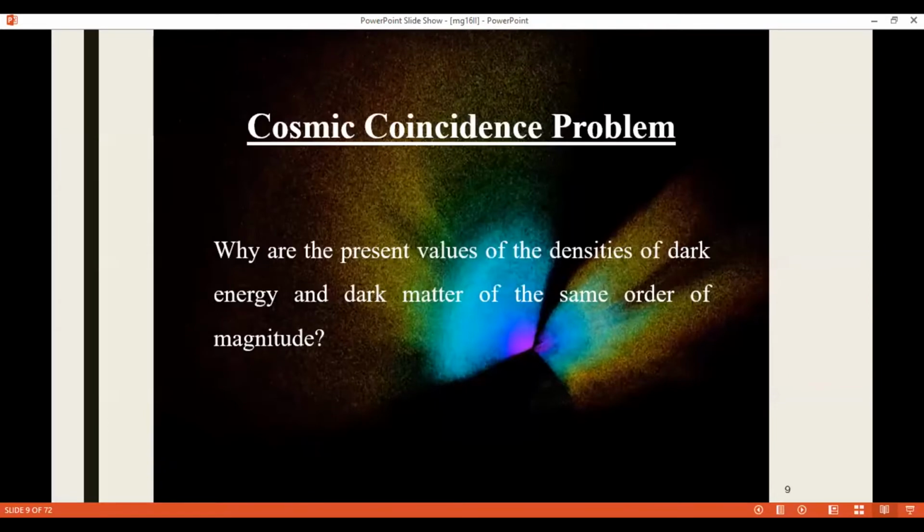Now, there are two well-known issues with the cosmological constant. In fact, there are different ways to explain the expansion of this universe, and in GR we explain it through the cosmological constant. However, there are two issues. One is the cosmic coincidence problem: why are the present values of the densities of dark matter and dark energy of the same order of magnitude?